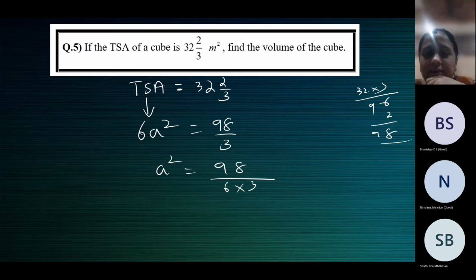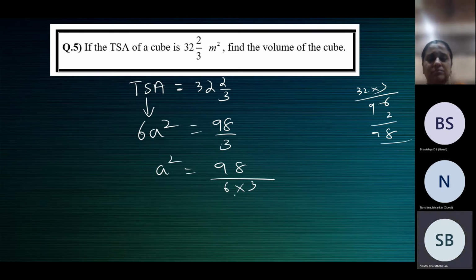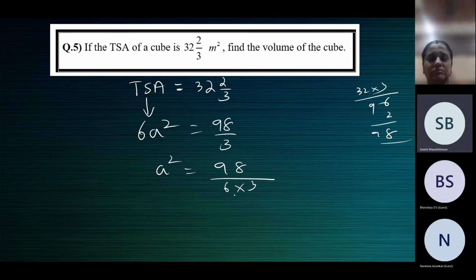Anybody got the value of A? Did anyone get the value of A? Okay. So let's see what to do after this. Can I cancel this? I'm getting it as 98/18, ma'am, but the decimal point keeps on going.